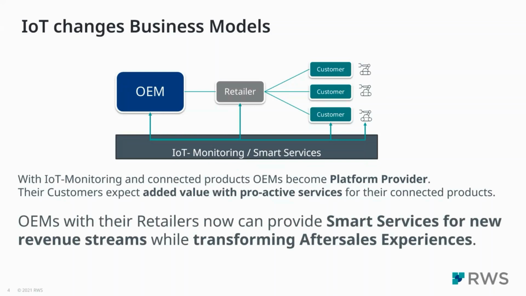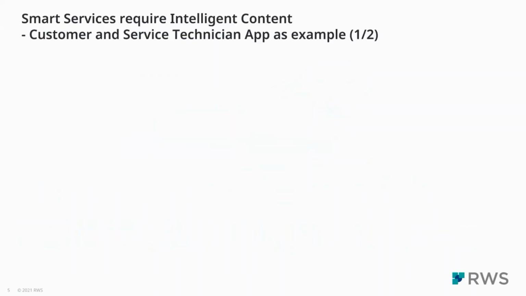There are these expectations from customers, but the OEM also has the chance to start new business models and create revenue streams by providing smart services, thereby also transforming the after-sales experience. So now I'm going into an example.